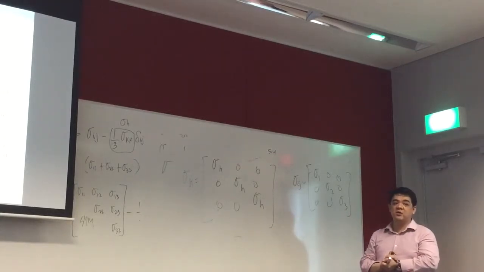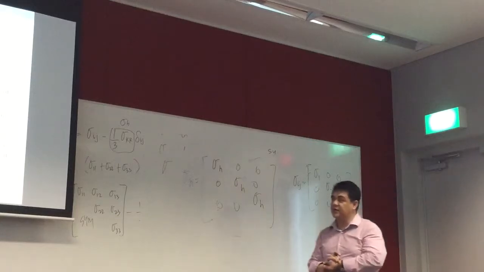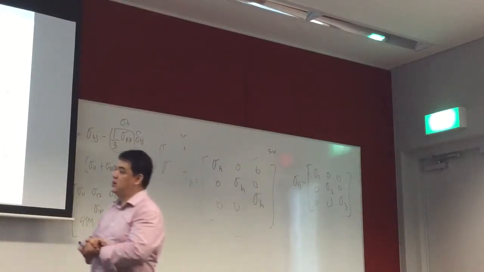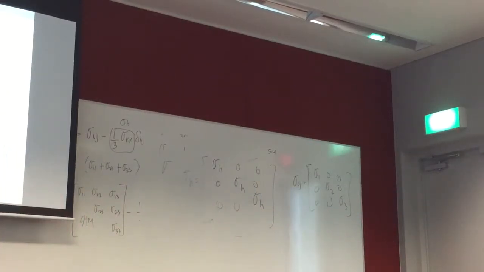Your sigma 1 equals sigma 2 equals sigma 3. Let's have a look at our von Mises stress, because this is our failure criterion. What happens? So what's this value? 0. Because your hydrostatic stress just changes the volume, not the shape.